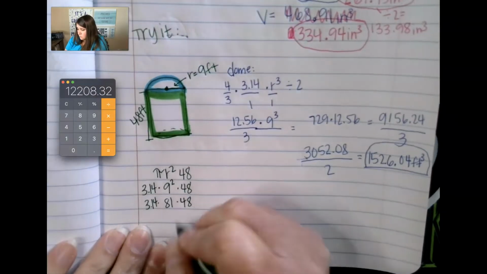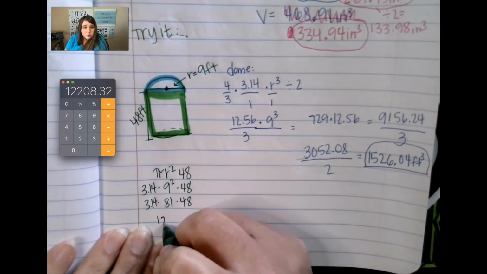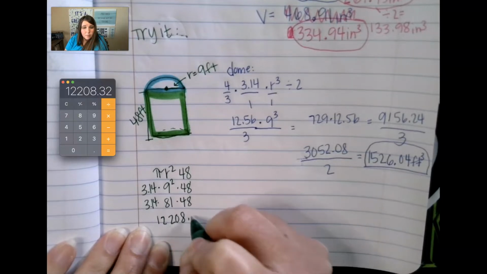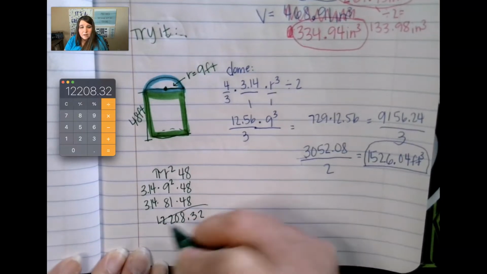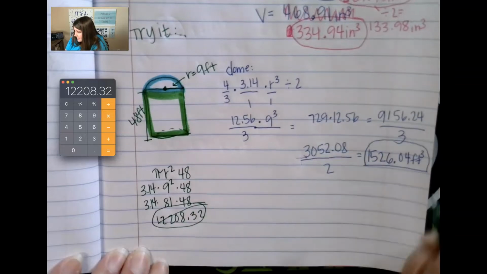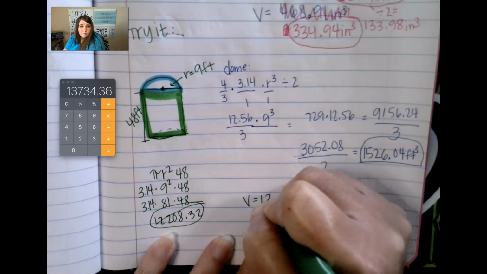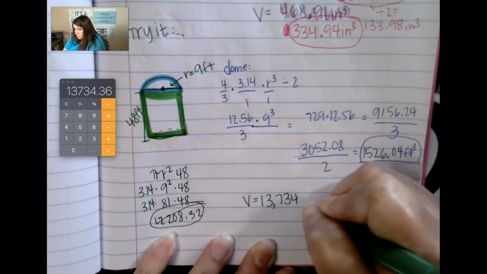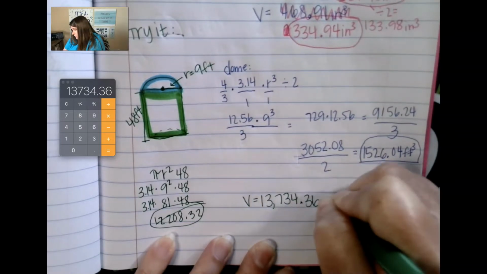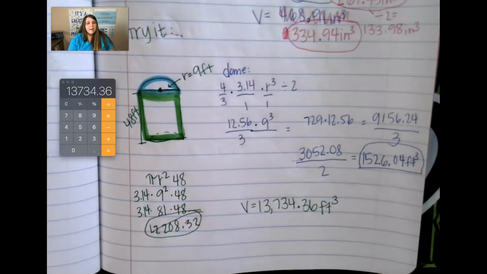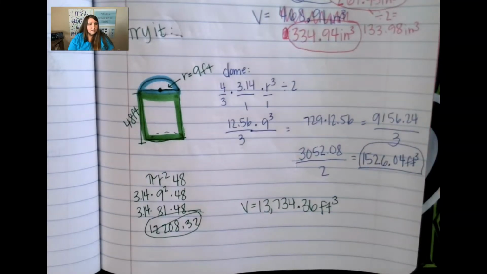That gives us 12,208.32. Now we have to add this and this together. So that plus 1,526.04, and we get a total of 13,734.36 feet cubed. So that is the total volume of the silo.